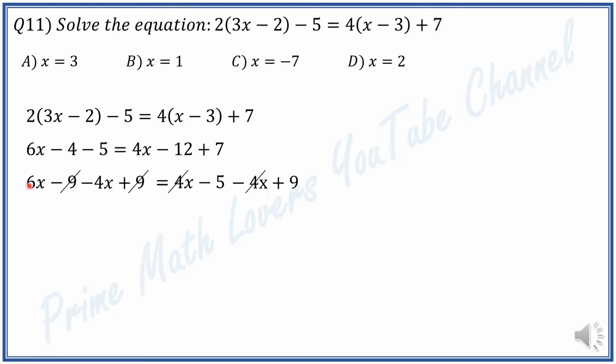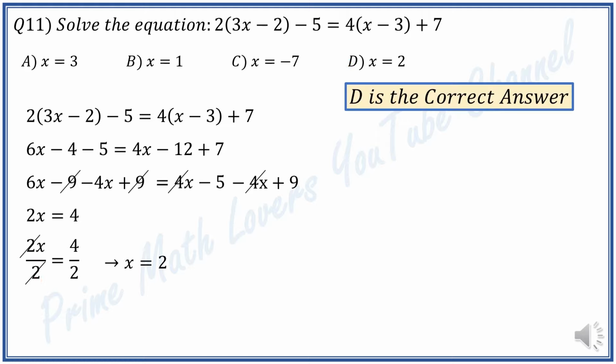What I get on the left hand side is 6x minus 4x, which will be 2x, and the right hand side will be 9 minus 5, which is 4. So 2x is equal to 4. I divide both sides by 2. This 2 will cancel with this one, and x is equal to 2. So D is the correct answer.